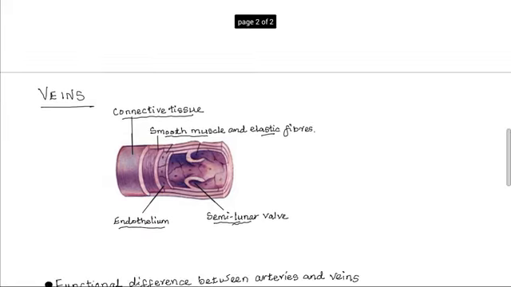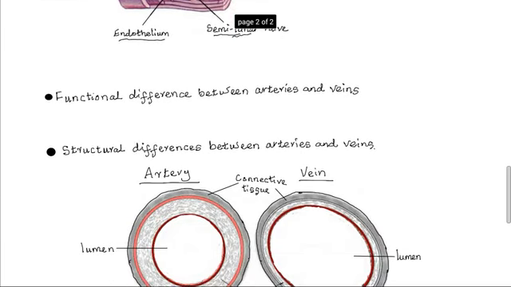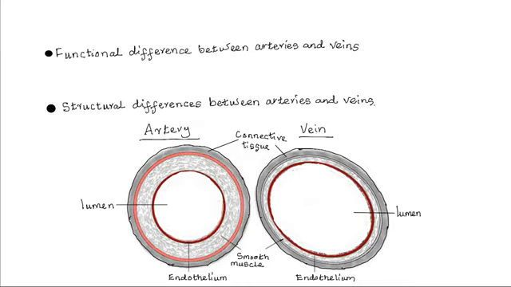Now, we can look at the differences between arteries and veins. For convenience, we can look at functional differences and also the structural differences. Functionally, the arteries carry blood that is under considerably high pressure, while veins carry blood that is under low pressure.